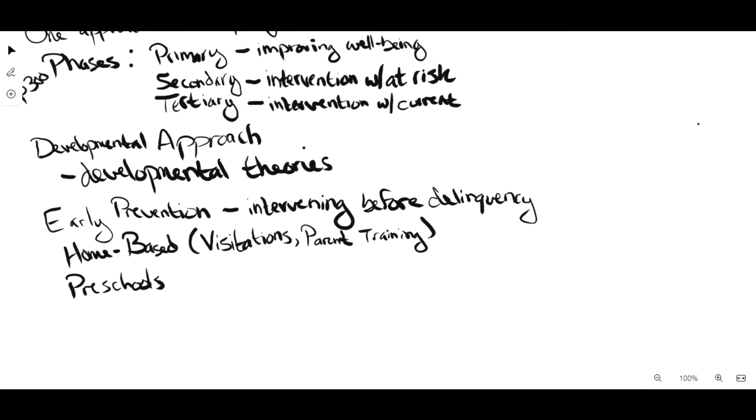Because if you think back several chapters, the first influence in children's lives as they develop and can potentially go to delinquency is the home life, the family life. If a parent doesn't know how to parent, if they don't know how to raise their child, it can lead to delinquency. So that's what home-based really is looking at, things that happen and occur within the home.